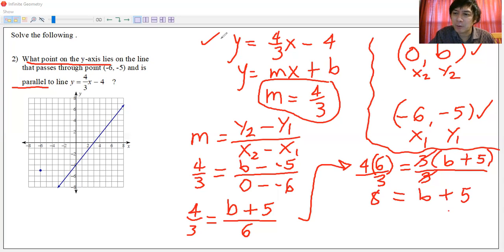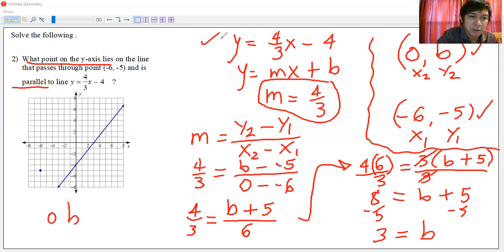Okay, so 8 minus 5, this is 3, equal to b. Okay, and so the value of b is simply 3. Okay, all right, so this is now the answer. (0, b) is equal to (0, 3). There.